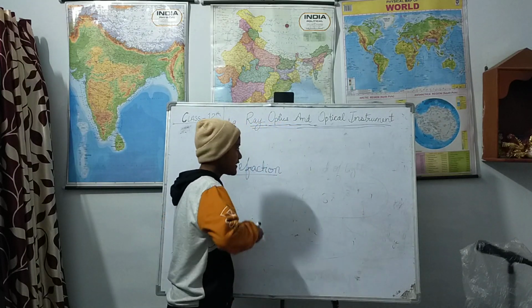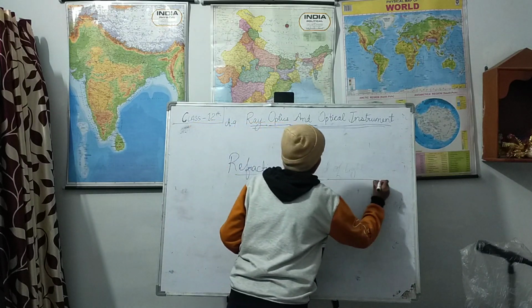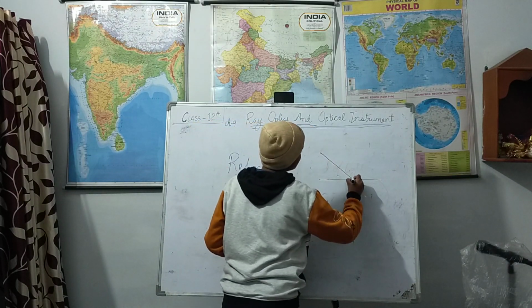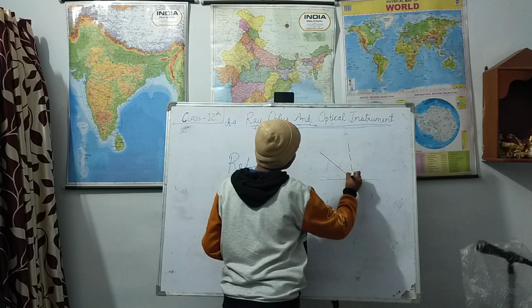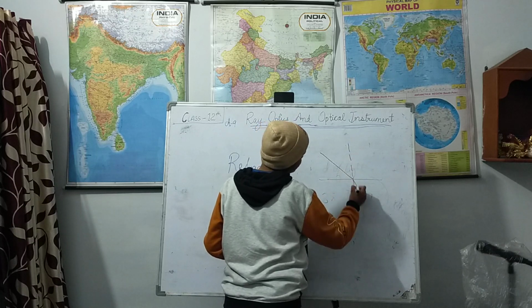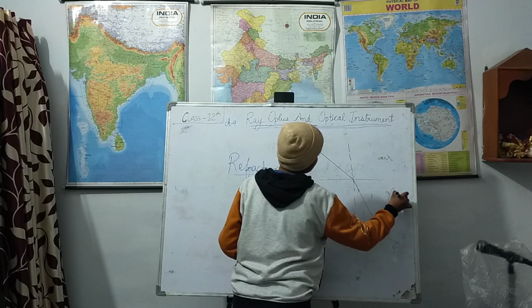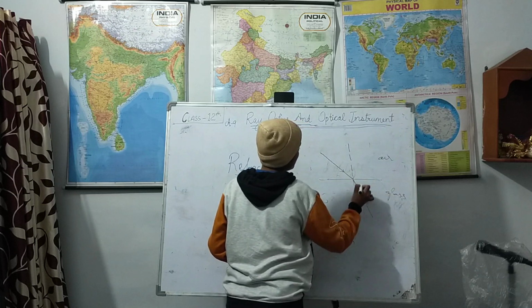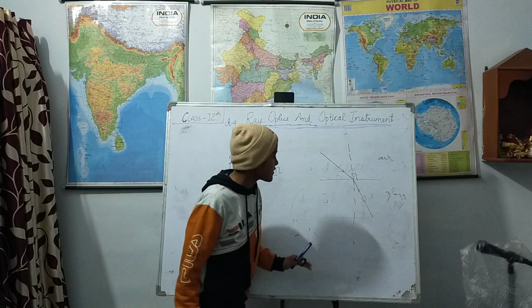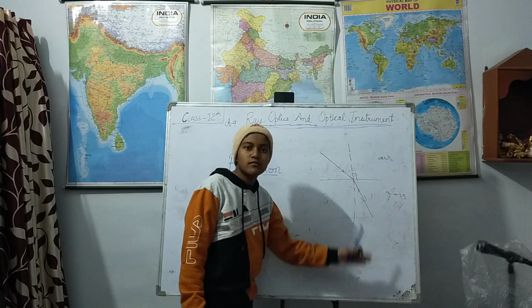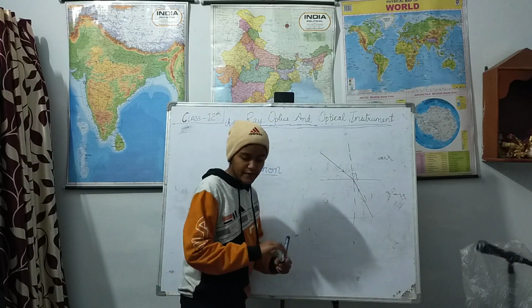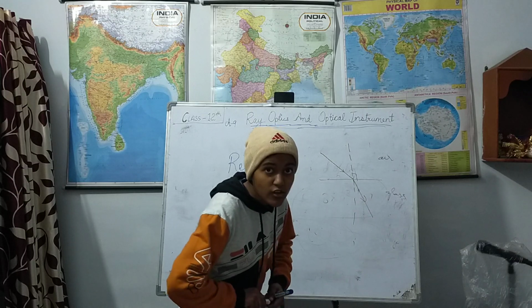The first law is that the incident ray, normal, and refracted ray all lie in the same plane. Obviously they lie in the same plane. So the first law we have already done.